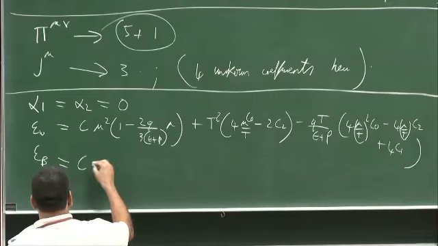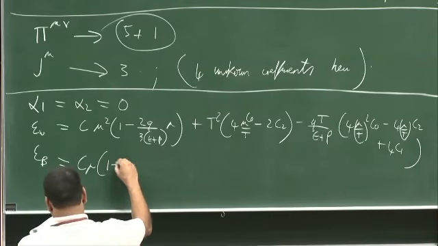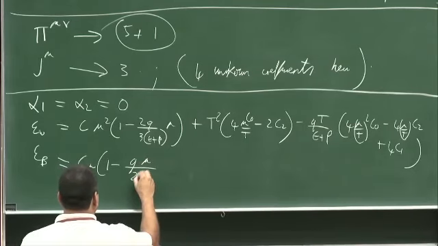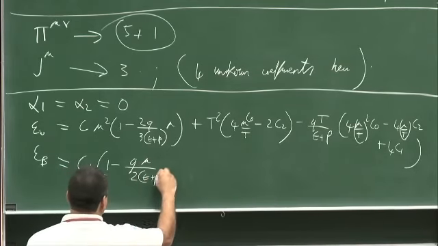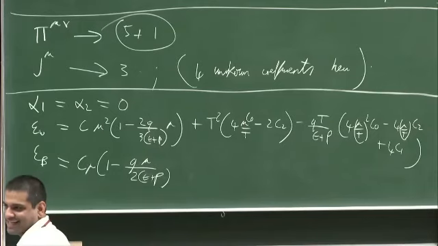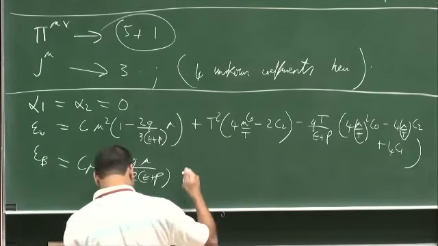Okay, and this is equal to c mu into 1 minus q mu by 2 epsilon plus p. I'm sorry, I called epsilon rho yesterday. Epsilon is the energy density. Okay, I'm sorry for this switch in notation.